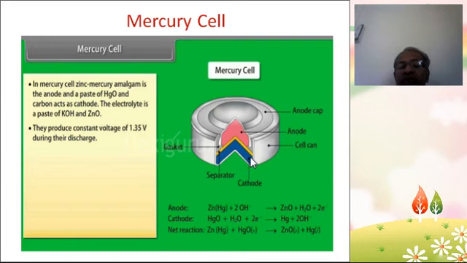The red part of this cell acts as the anode, the blue part acts as the cathode, and this is the anode cap. As I told you earlier, the anodic reaction is the oxidation reaction where electrons are liberated, the cathode is the reduction reaction where electrons are gained, and this would be the net reaction.